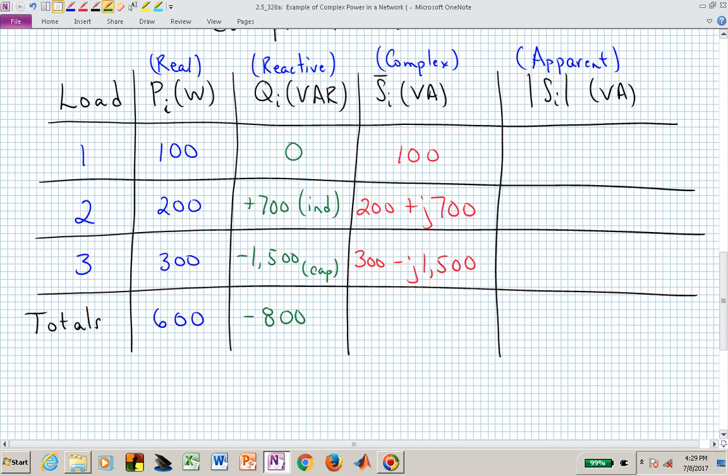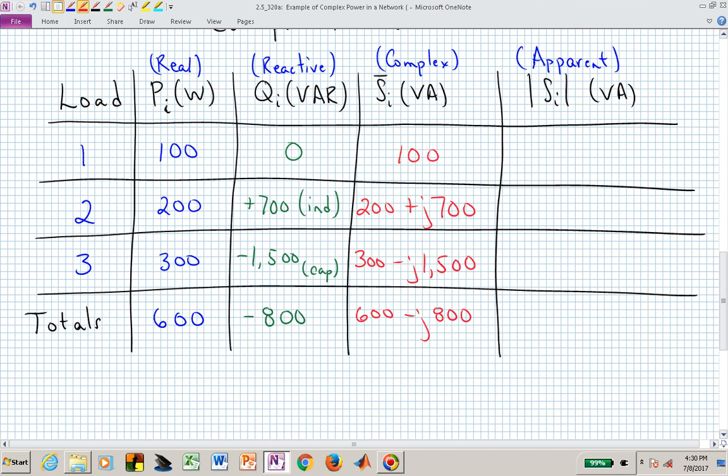We can sum horizontally and keep track of the real and reactive pieces, which is probably easier than adding up the real and reactive parts of the rows above, and we can see that we have 600 minus j800 for the total complex power in this system.